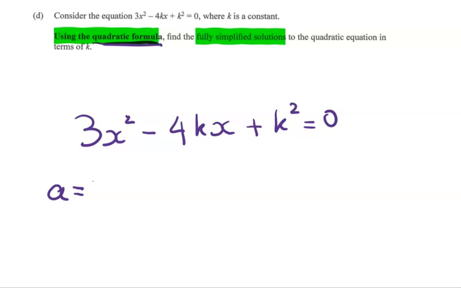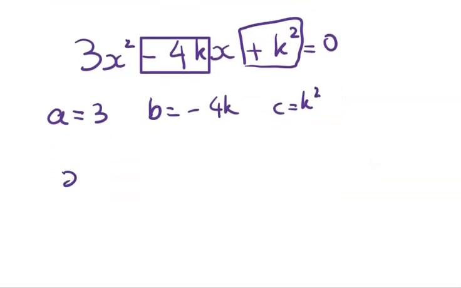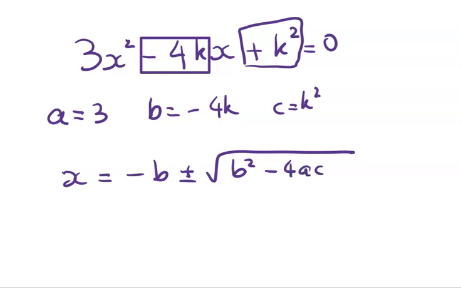We start off and we've got a equals 3, b equals negative 4k, and c is equal to k squared. So our quadratic formula gives me x equals negative b plus or minus the square root of b squared minus 4ac over 2a.